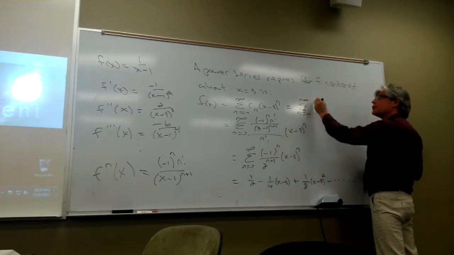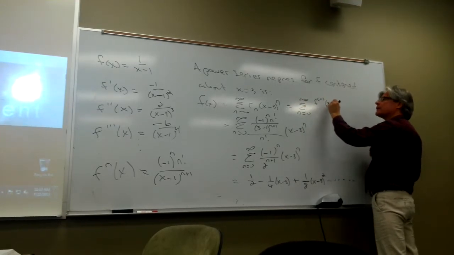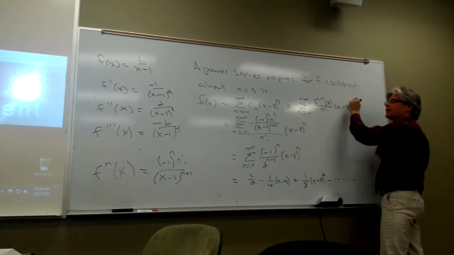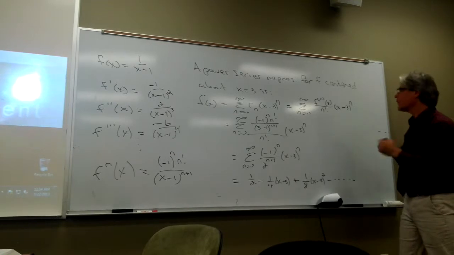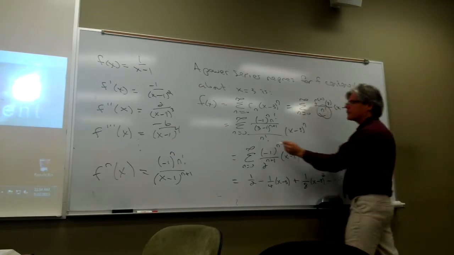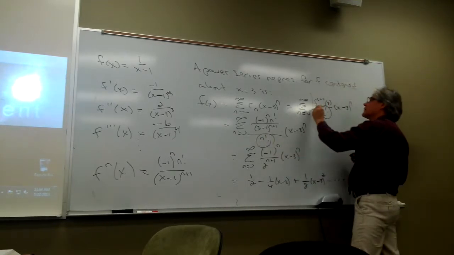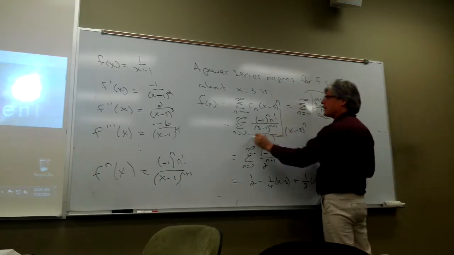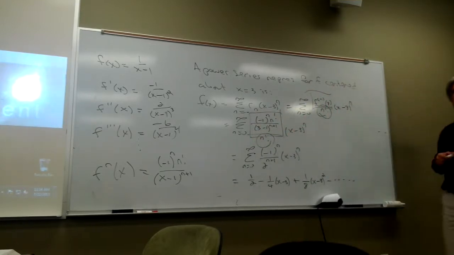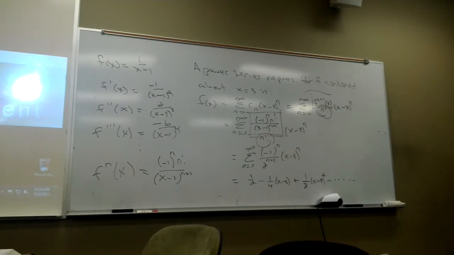The c sub n really is the nth order derivative evaluated at x equals 3, all over n factorial, times (x minus 3) to the n. Now circle the n factorial, that's where this comes from. Box the nth order derivative value at 3, that's where this came from, the work over there. I'm telling you I'm showing my steps, and I should have shown that extra step there as well.